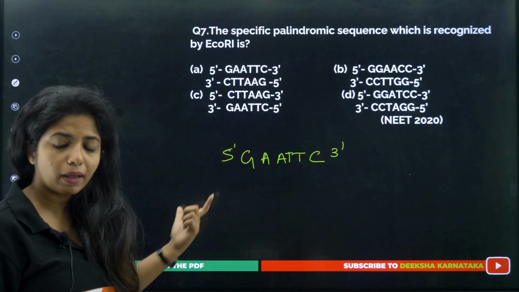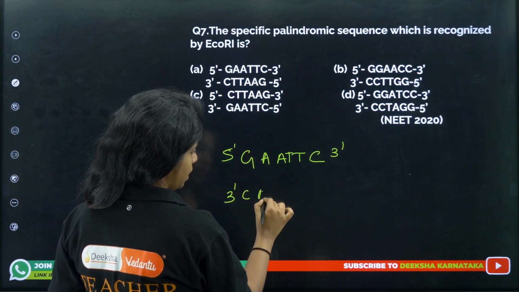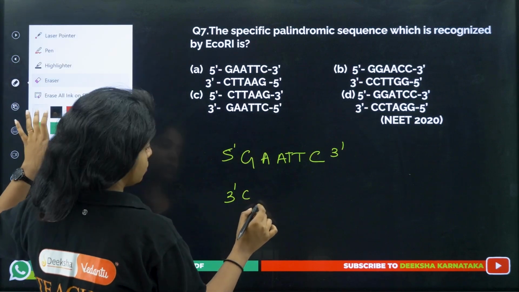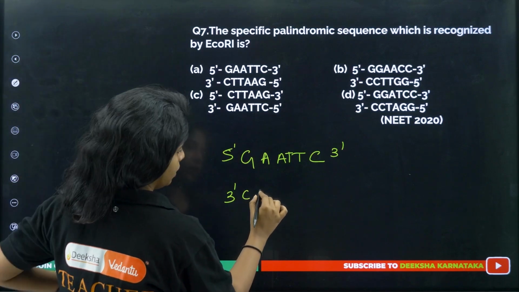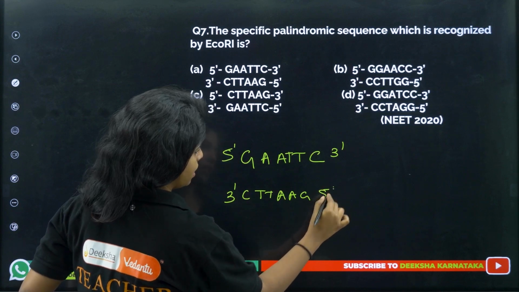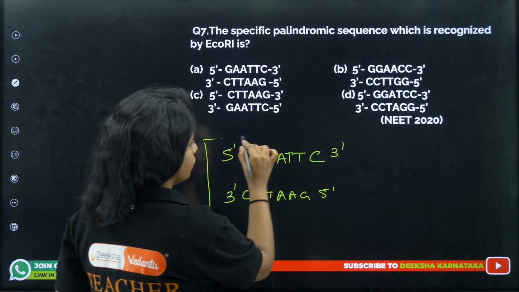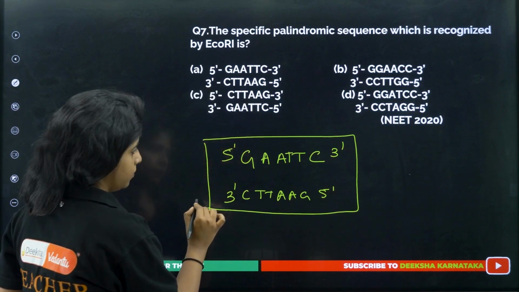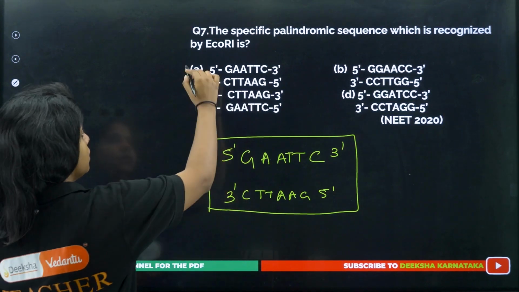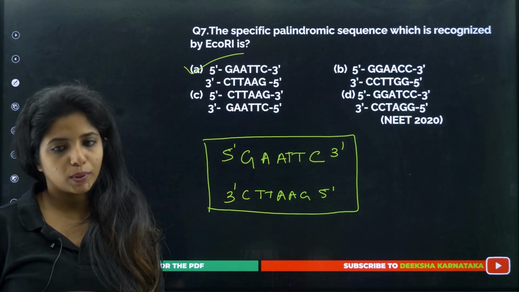Now if you want to make a palindromic sequence of it, then make 3' and then you have C, and the complementary strand will be CTTAAG 5'. Fine. So this is the strand we are looking for. This is the palindromic sequence, my dear children, and hence A becomes the correct answer. This came in NEET 2020.